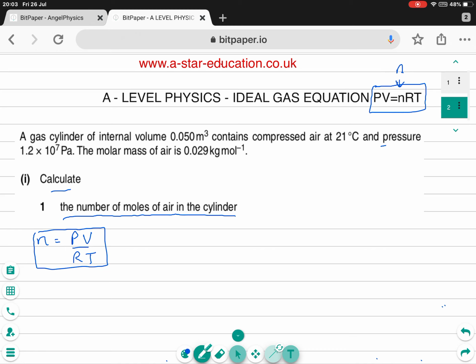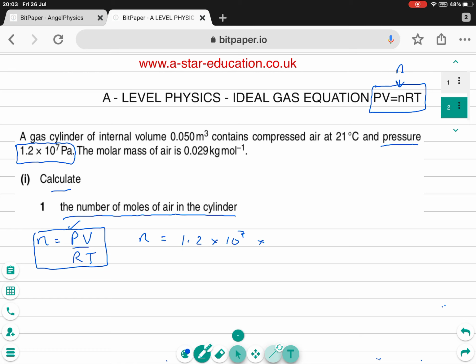It looks as if the pressure is 1.2 by 10 to the power 7 pascals. Let's start plugging into this equation: P is 1.2 by 10 to the power 7 pascals. That's the pressure.